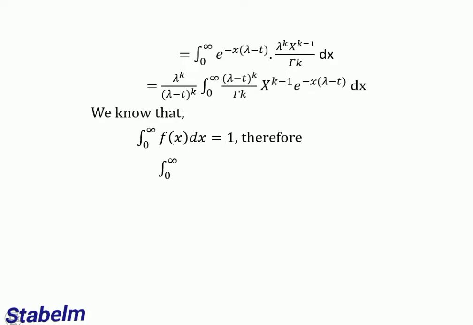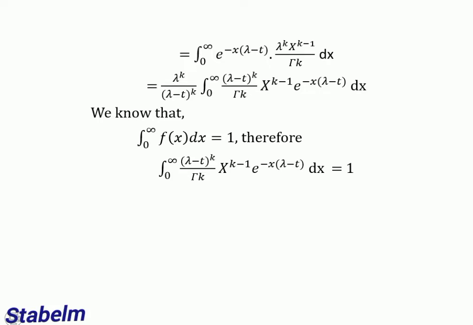So the integral from 0 to infinity of lambda minus t raised to power k divided by the gamma function of k, x raised to power k minus 1, exponential raised to power minus x into bracket lambda minus t, dx will be equal to 1. Why do we say this? The probability of all sample points, the probability of the whole sample space, will be equal to 1.